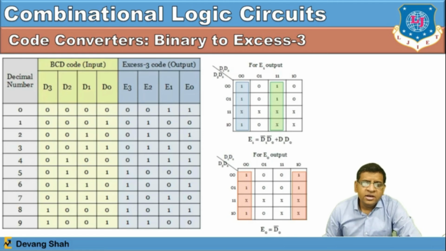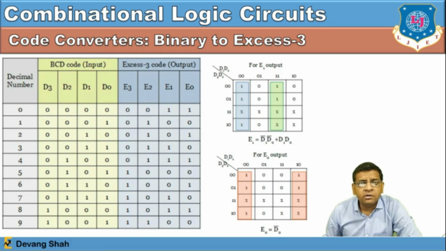So D1 bar and D0 bar you can get from the NOT gate, but once you want to make a dot product, you can have an AND gate. In between you have D1 and D0, again an AND gate, but both are connected with an OR logic gate. So E even requires all these three basic gates: AND, OR and NOT, right?